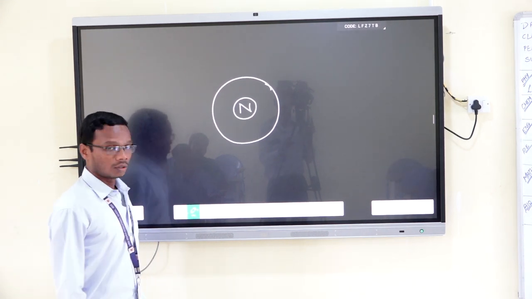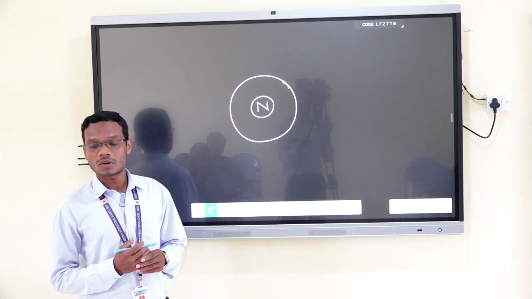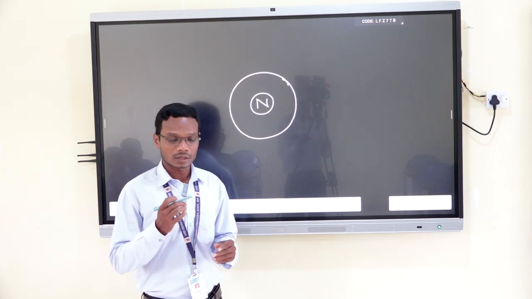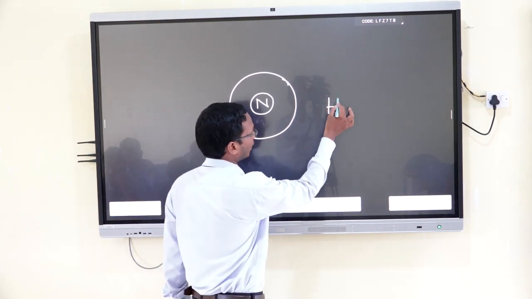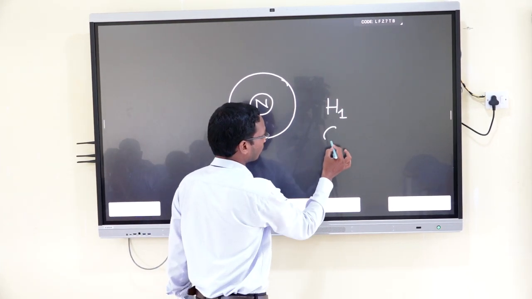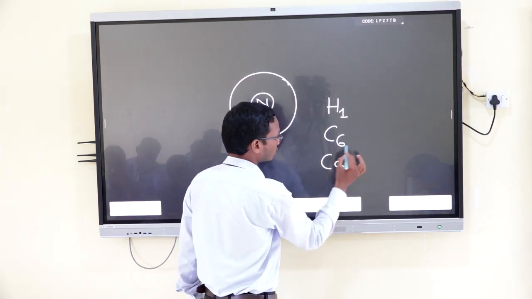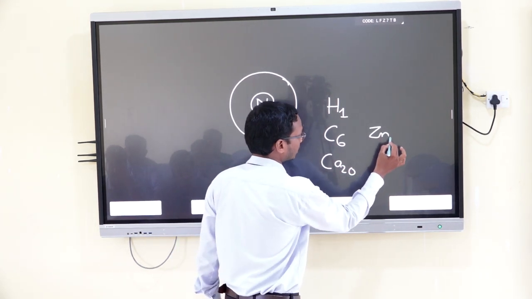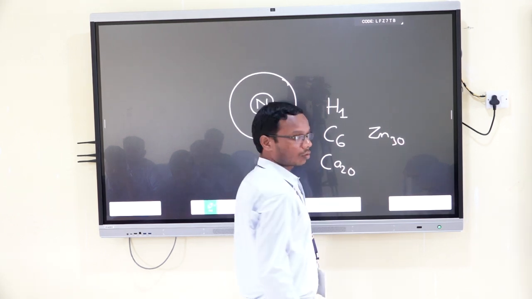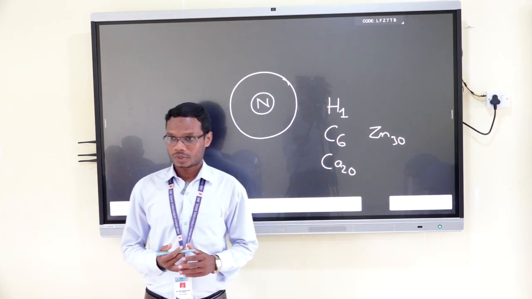So now there is a question in our mind. If hydrogen has 1 electron, carbon 6 electrons, calcium 20 electrons, zinc 30 electrons, obviously there is a question.